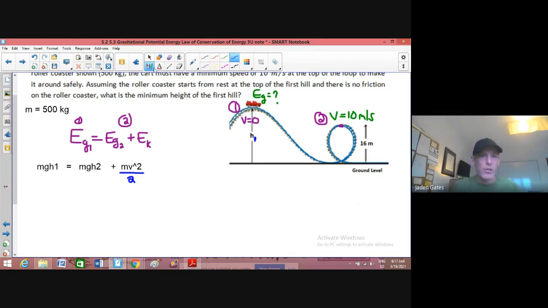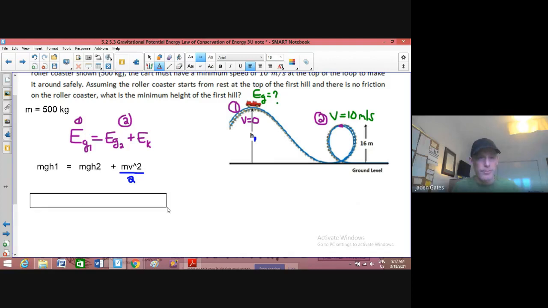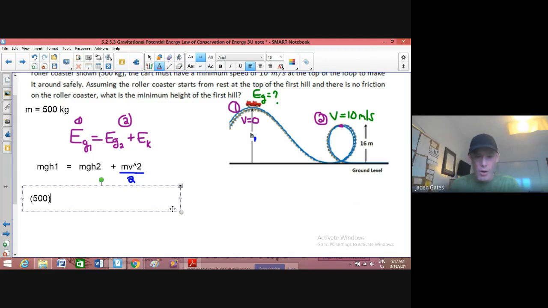Now I'm going to substitute in my values. I know my mass is 500, and we're on Earth, so g is 9.8. H1 is what we're trying to figure out, and it equals mass 500 times g 9.8 times H2, which is a height of 16 on that first loop, plus our kinetic energy, where we again have 500.